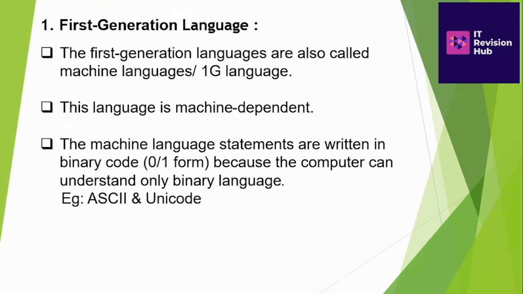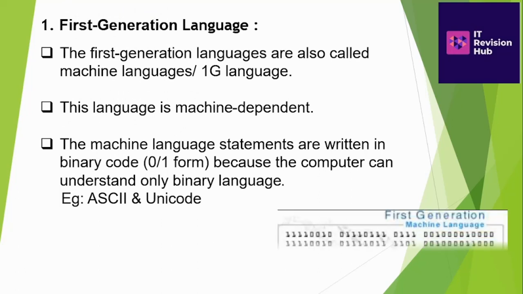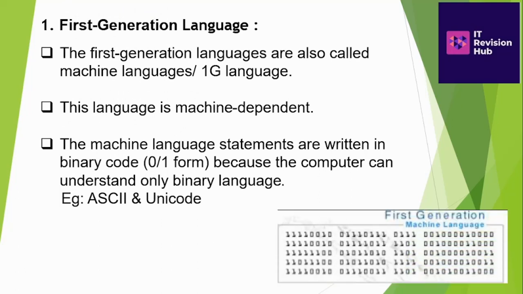For example, ASCII and Unicode we can consider as first generation language. This is an example of first generation language, or machine language.